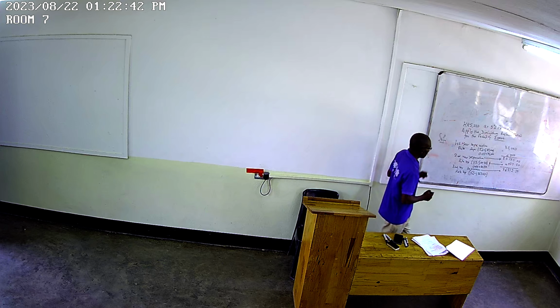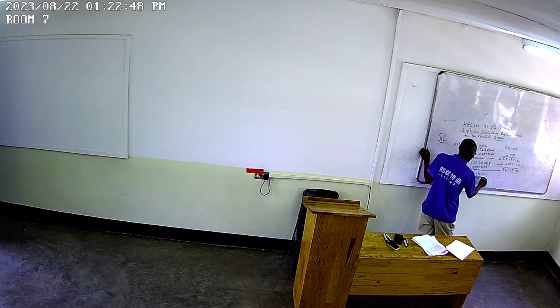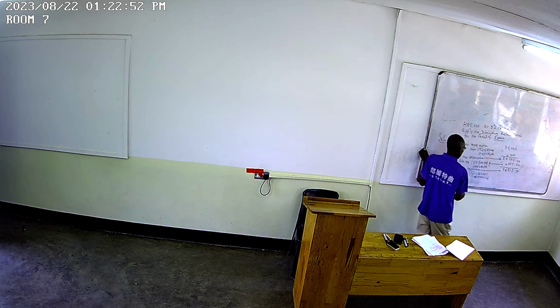Which is 0.05 multiplied by 76712.50. Let's find out.